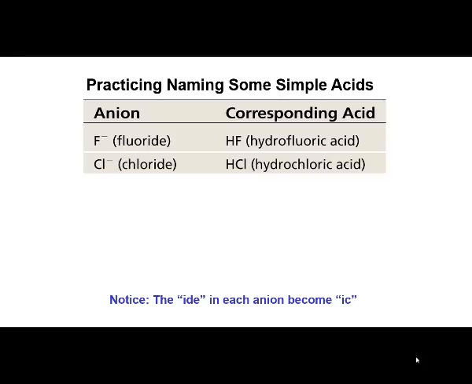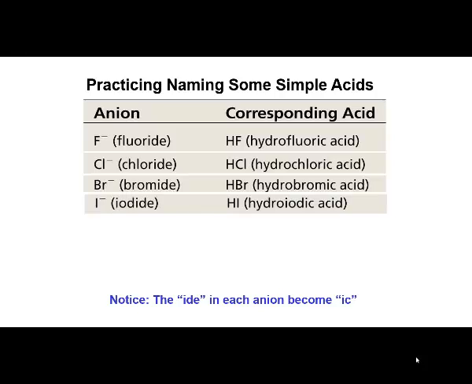These are all binary acids, only 2 elements present in the formula. If bromide is my root anion, I have hydrobromic acid as the acidic form. If I have iodide, it's hydroiodic acid. All of these have an anion that they originated from with a -1 charge. I want you to notice that they have a single hydrogen in the formula of the acid, so that charge will relate to the number of hydrogens in the binary acid formula.